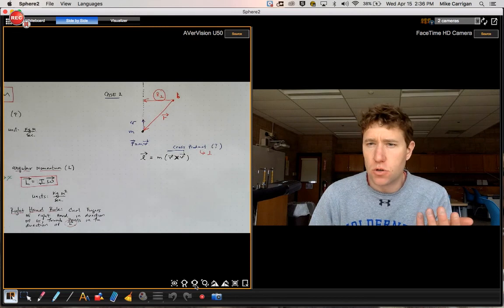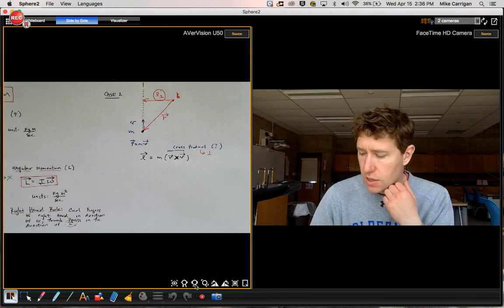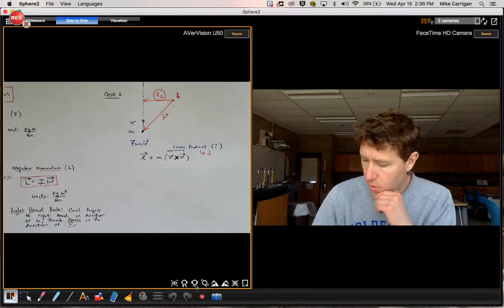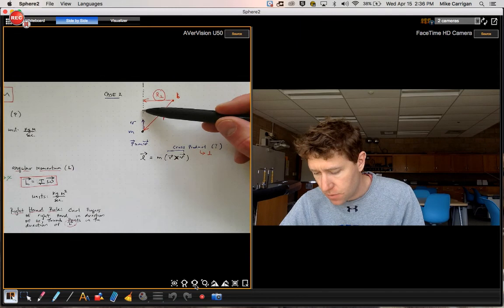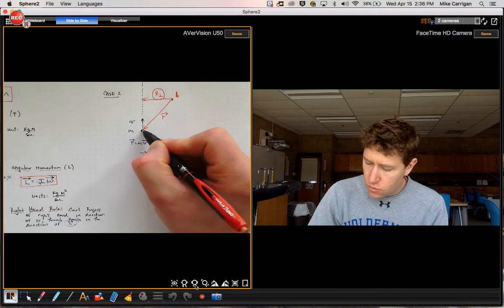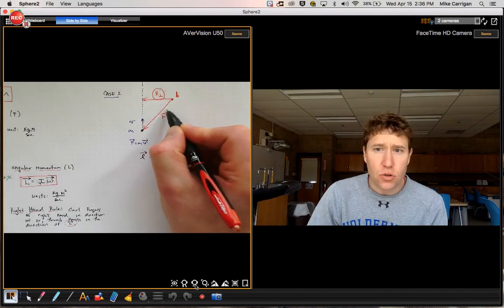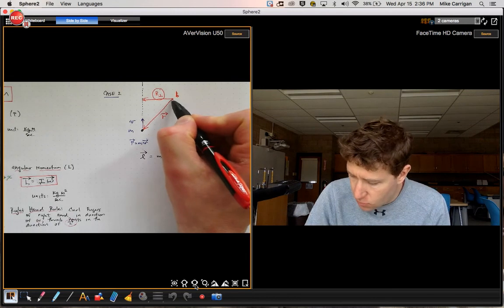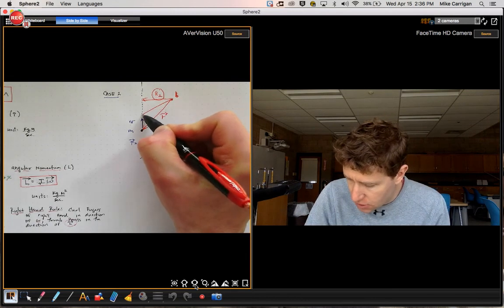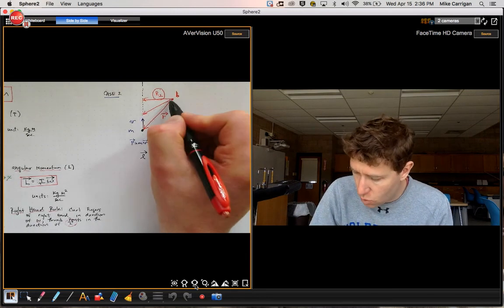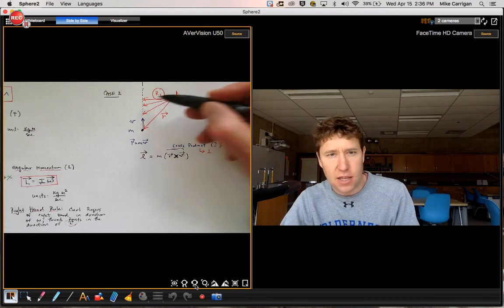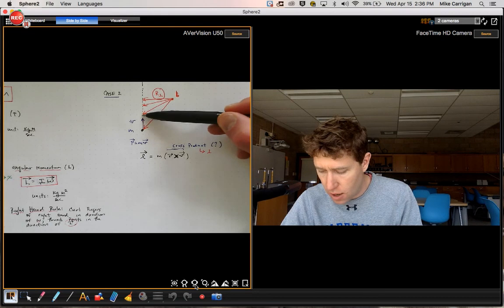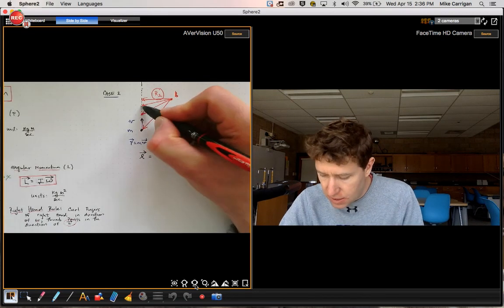So this was similar to torque. Torque is also a cross product. If I imagine this particle moving in a straight line, as it moves, the magnitude of R changes, right? R is going to vary in length as the particle moves up to here, and then to here, and then to here.